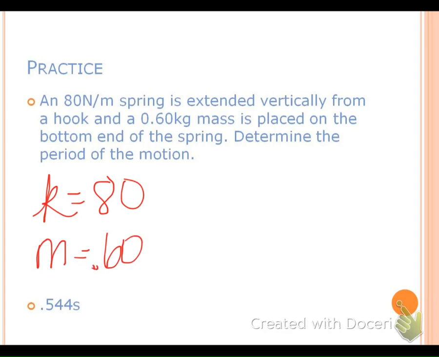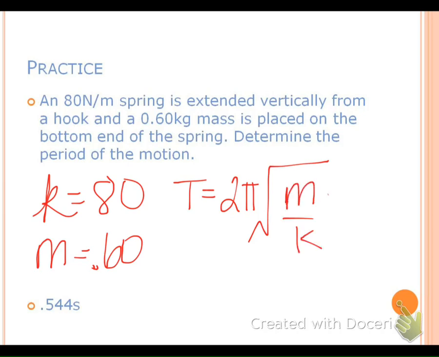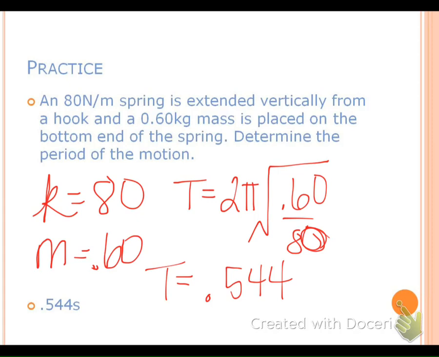So if we want to find period, we're using T equals 2 pi times the square root of M over K. So we'll solve 0.6 over 80. So T equals what? 0.544, so we match.